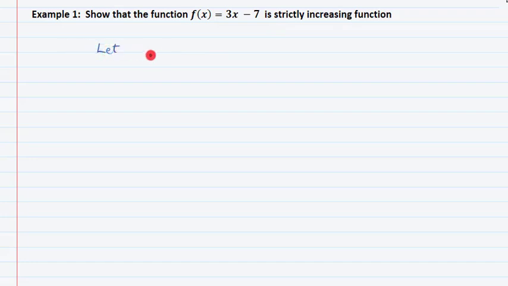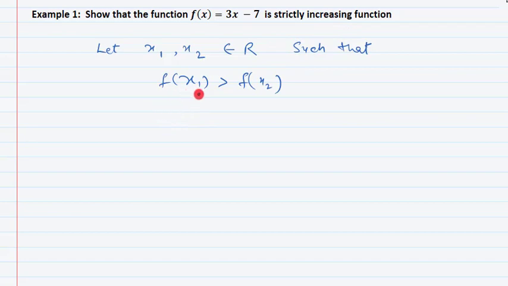So here, let us consider that x1 and x2 belong to real numbers, as nothing is given over here. Let us take real numbers such that f(x1) greater than f(x2). Now if we prove that this implies x1 greater than x2, then the function will be strictly increasing. So let us write the value of f(x1). It is clearly 3x1 minus 7 greater than 3x2 minus 7.